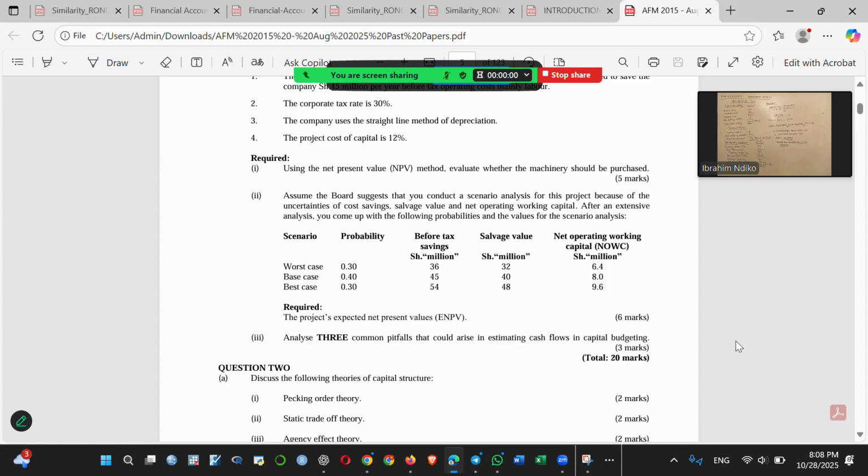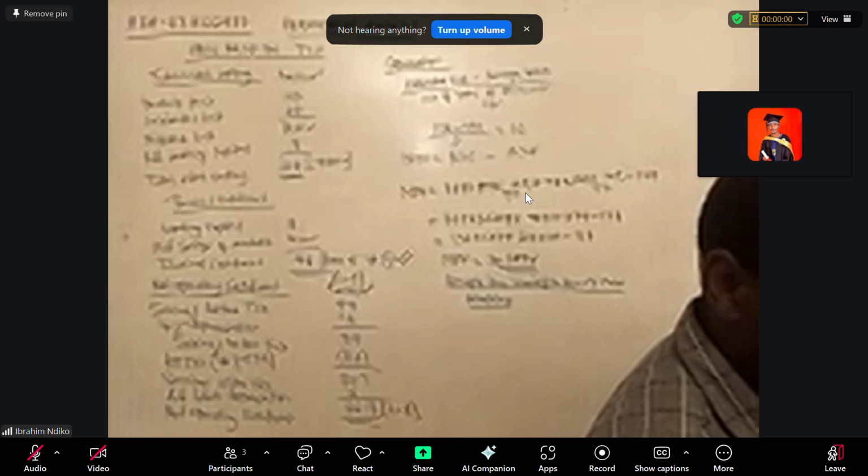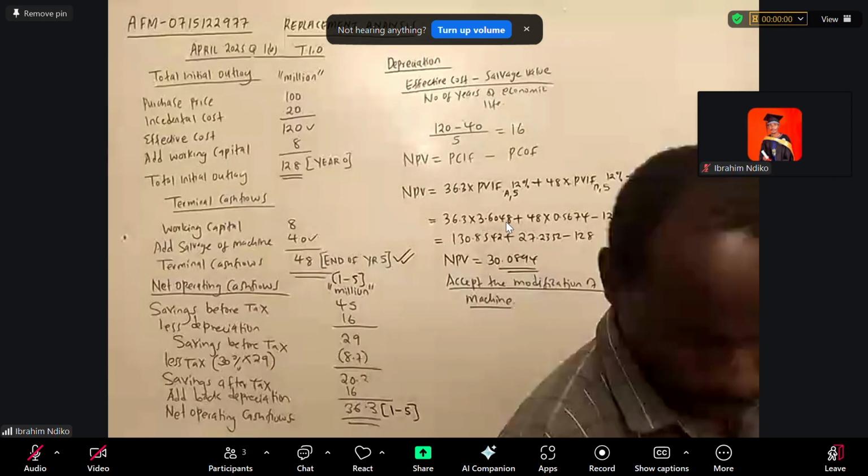Number 2 and number 3 are related, so we can combine 2 and 3, then 8. Then we call it a day, then tomorrow tumalizie hizo zingine. Sijui kama tutaweza ama tukae sana kwa class. Okay, wacha tufanye kwanza tuone the situation.